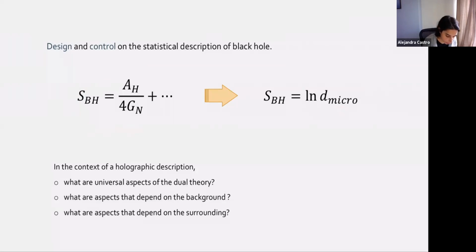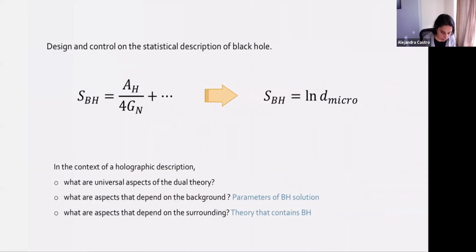For example, a lot of times we focused on the area law, and this basically hints to a very universal description of black hole entropy, but I really wanted to be more precise about which aspects of this description are really universal, and which aspects actually depend on the background that I have on the black hole, and which aspects depend on the surrounding, so where the black hole is embedded in.